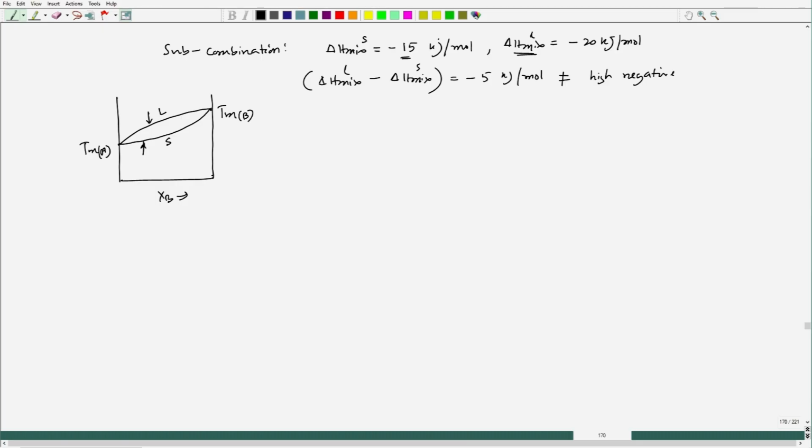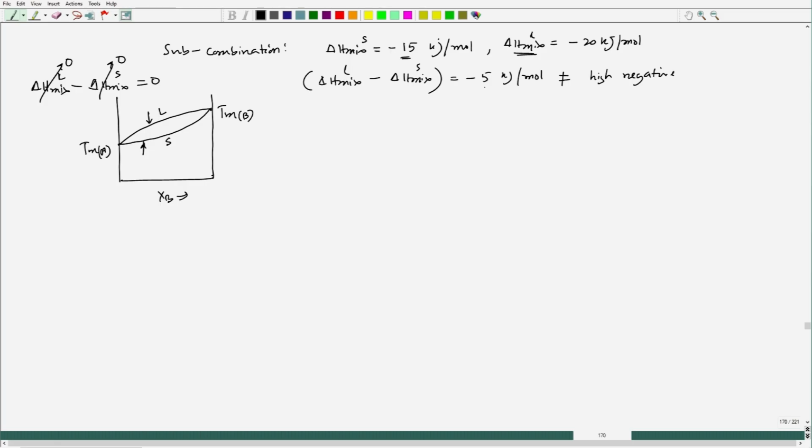But here, since del H mix of solid and del H mix of liquid are equal to 0, both the values are 0, fine. Now, if this difference becomes 5 kilojoule, that means compared to the solidus line, the liquidus line should bend downward. Why? Because the stability of the liquid solution enhances.